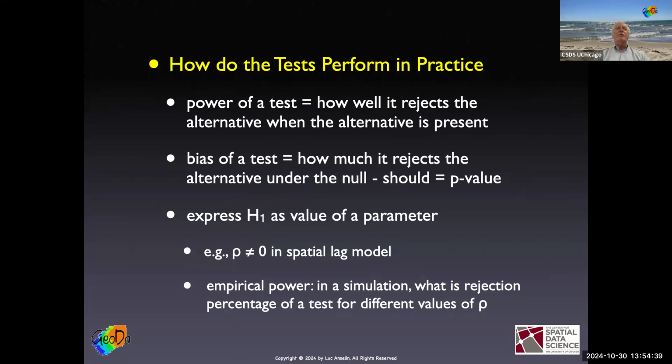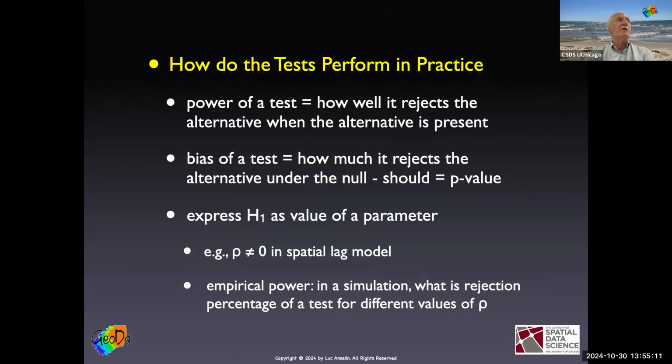In other words, if you do the test under the null, so there's no spatial effect, if you do this many, many times, how many times would you reject the null anyway? That is your p-value. So if your p-value is 0.05, you would reject the null in 5% of the cases, even though the null is correct. That's your type 1 error. That's the chance of being wrong, basically.